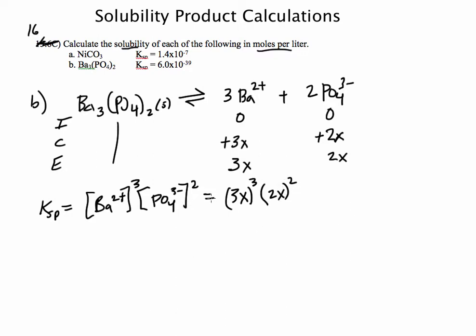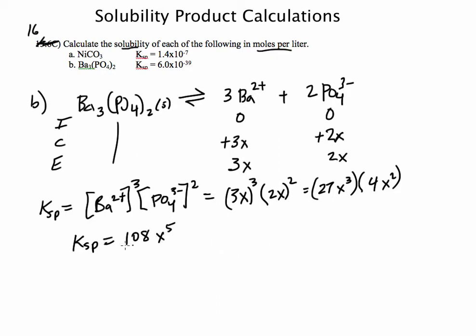Now to simplify this, a lot of students get a little confused. A lot of people want to make that a 9. That really should be 27x cubed, and we're also going to multiply that by 4x squared. When we simplify that even further, we end up with Ksp equal to 108x to the 5th.